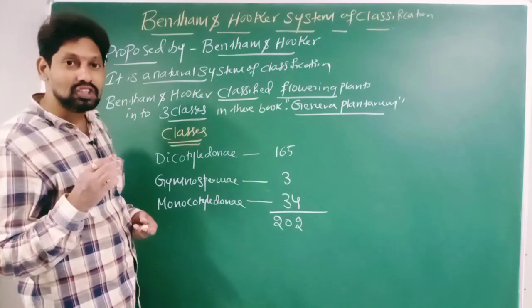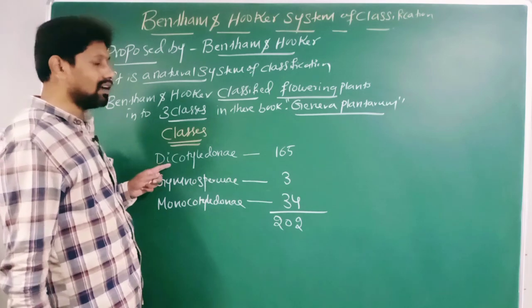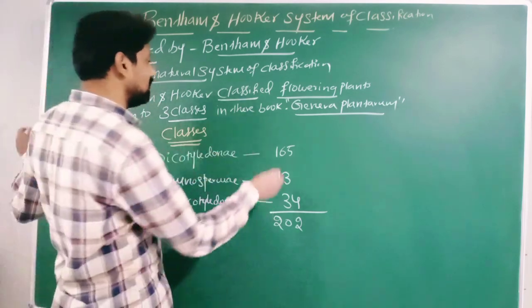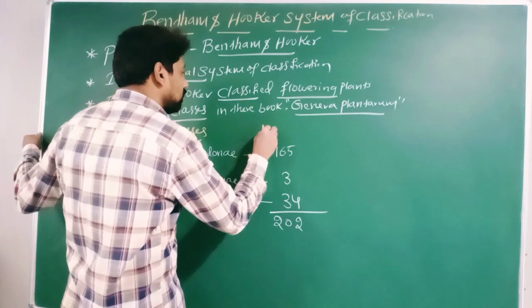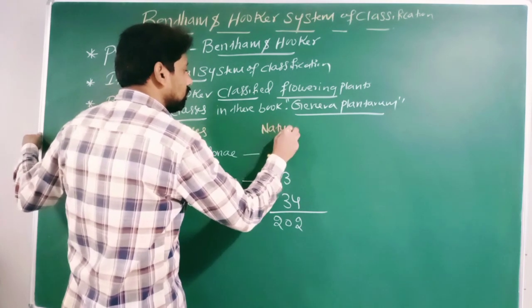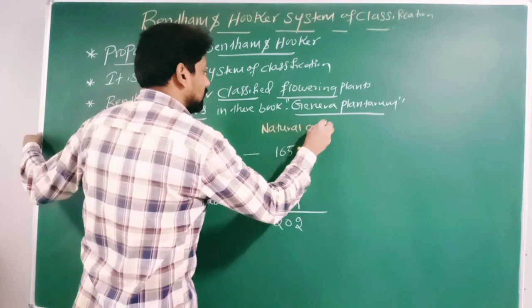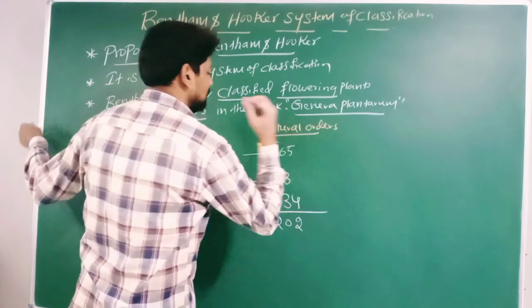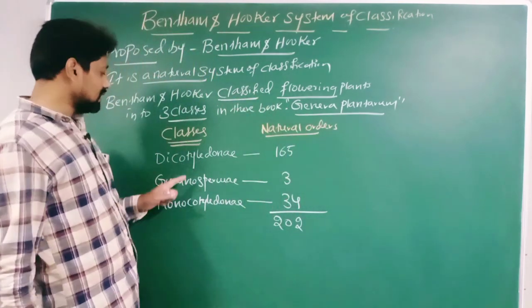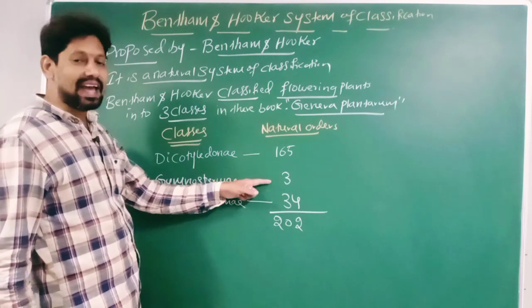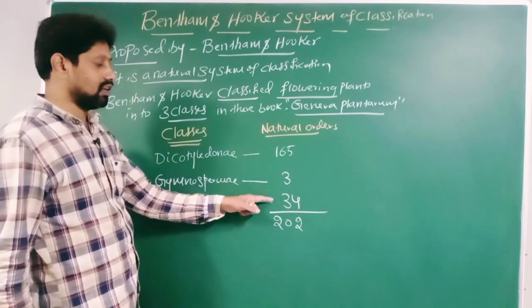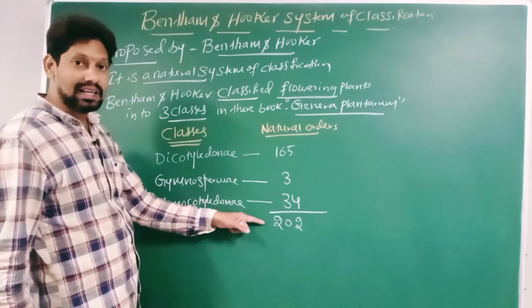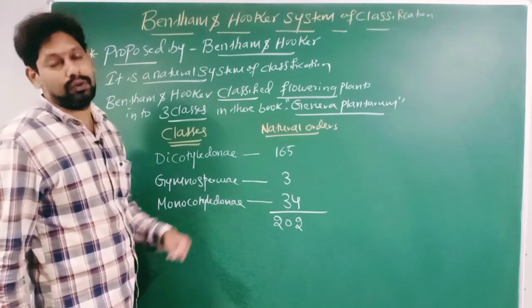Therefore, Dicotyledonae with 165 natural orders. Okay, right. Sir, Gymnospermae with 3 natural orders. Monocotyledonae with 34 natural orders. Therefore, total natural orders are 202.